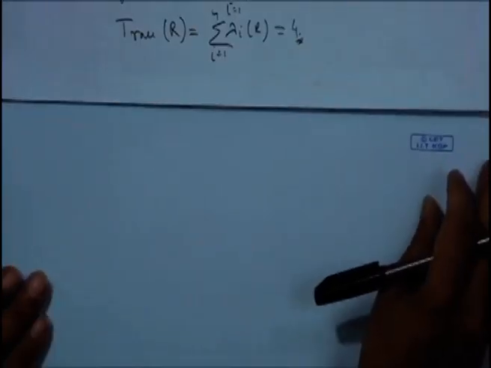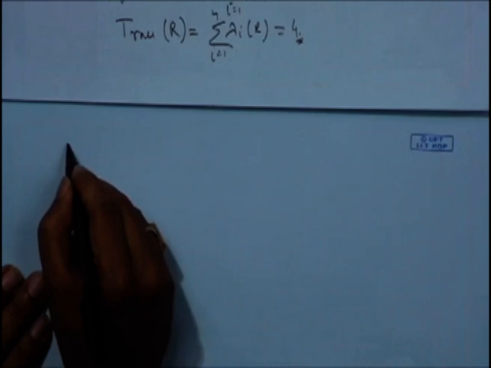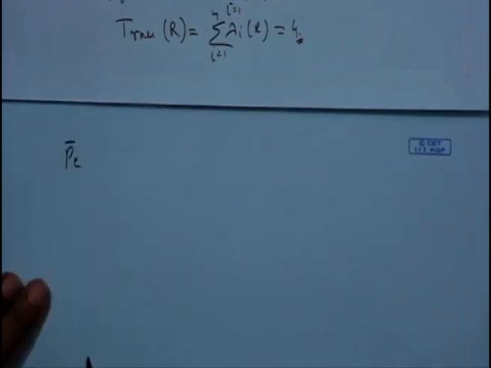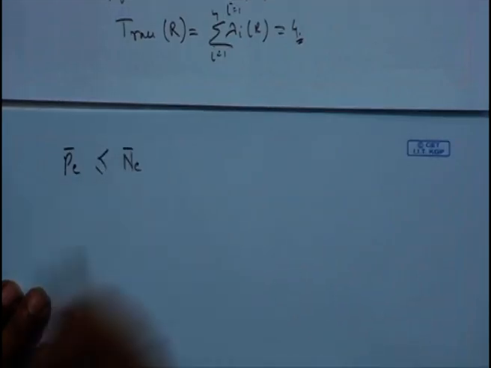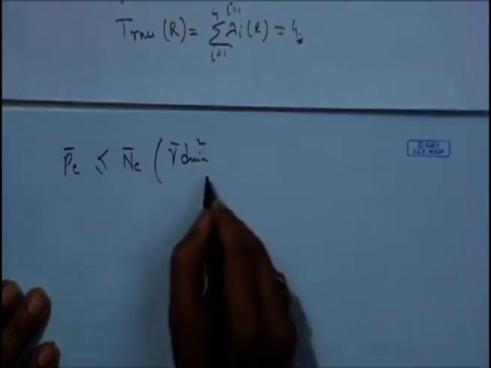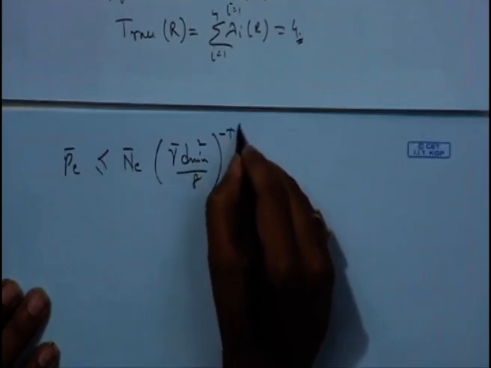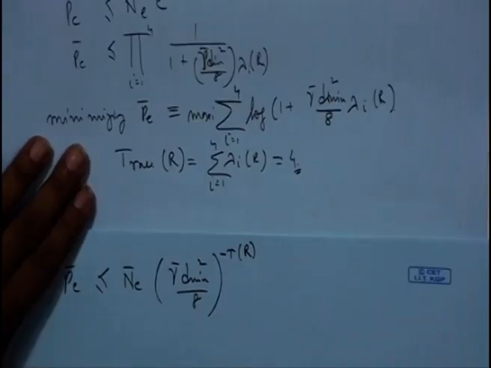So moving on forward, we would like to see that the error probability expression Pe bar is given as less than or equal to Ne bar times gamma bar d mean squared upon 8 raised to the power of rank of R, because you have this product in case of correlation.